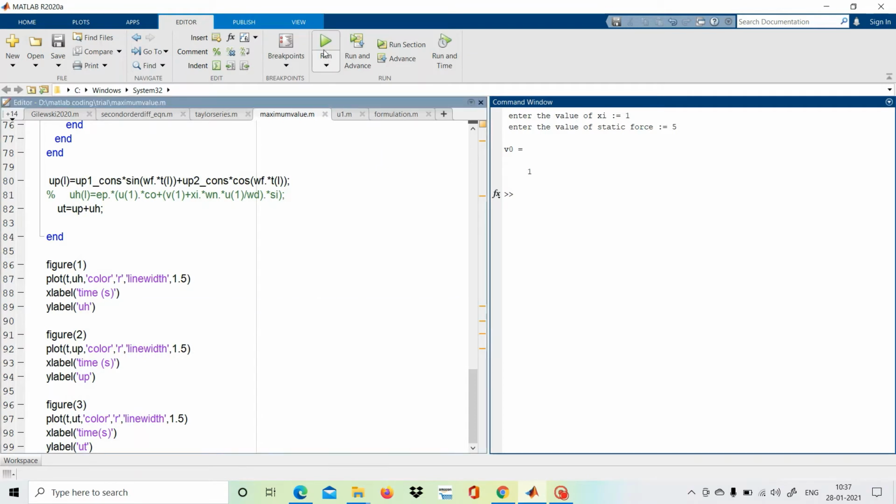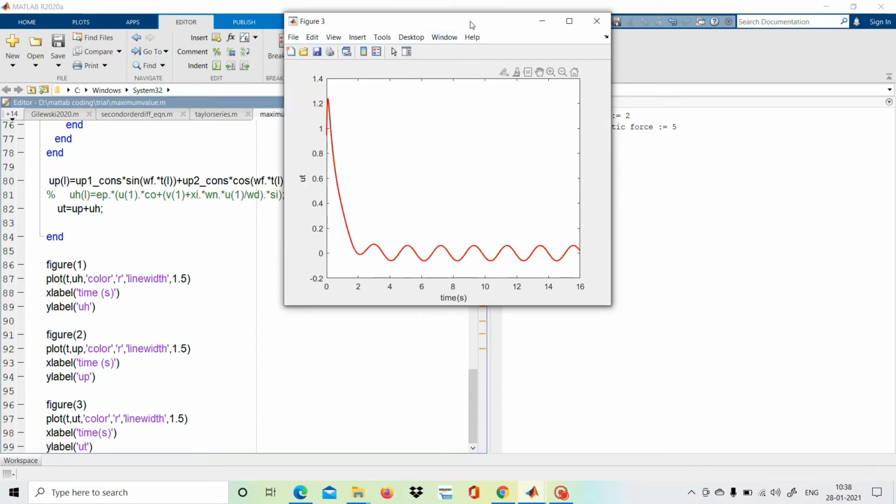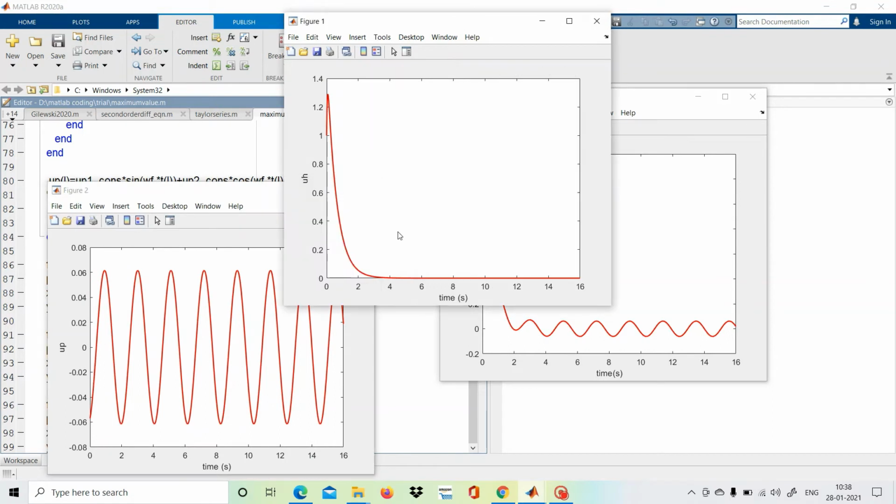Now we will see the third case, and that case is overdamped. So xi must be greater than 1, so that is 2 we have considered. It was 5 we are telling. Let's see. So we can see here it is the overdamped case.